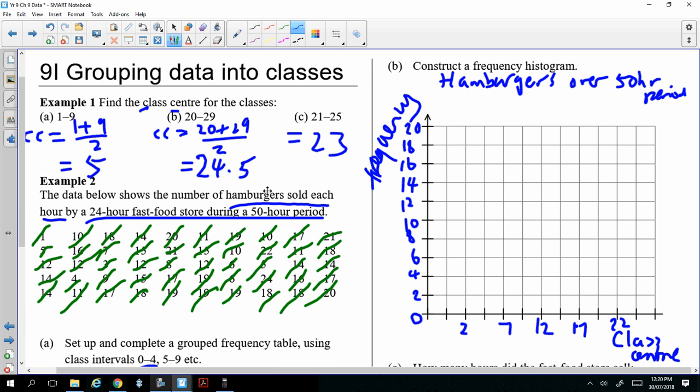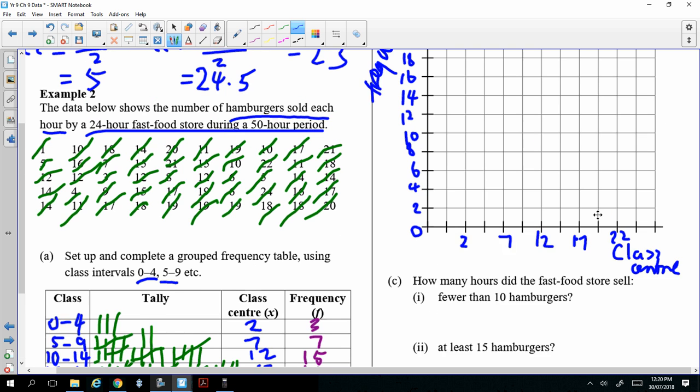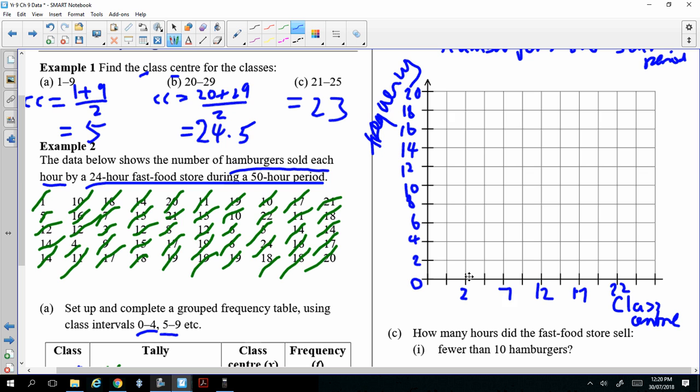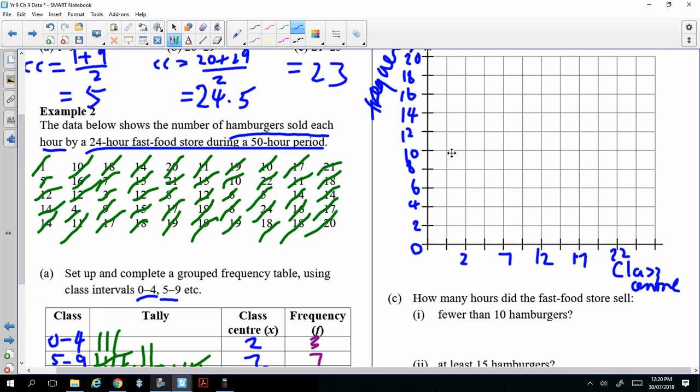How do you go from 0 to 2? No, class center. You plot the class center. Oh, that makes sense. No, that's the frequency. Here, watch, frequency. Highest is 19. Frequency. That's the class center.